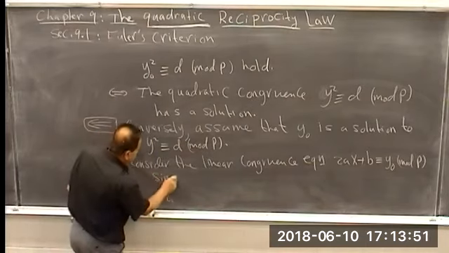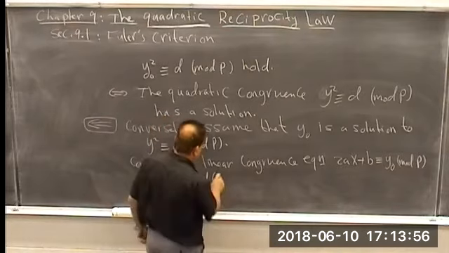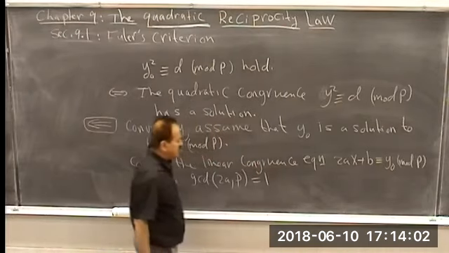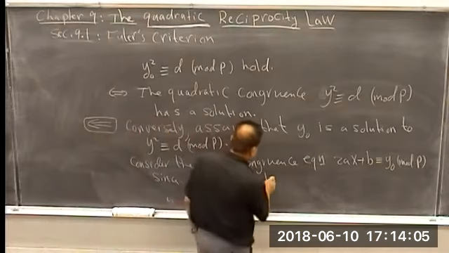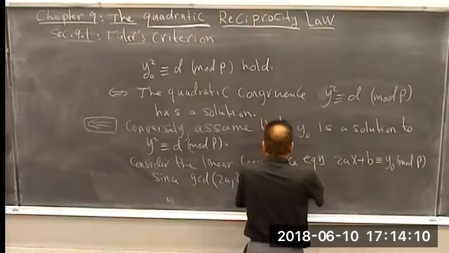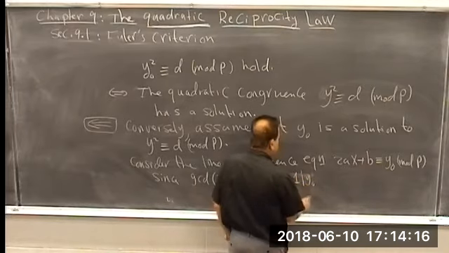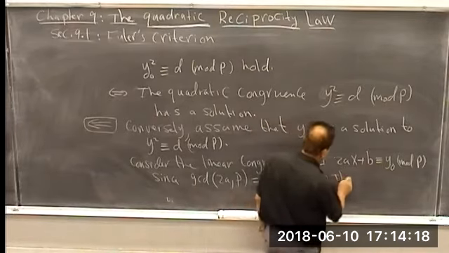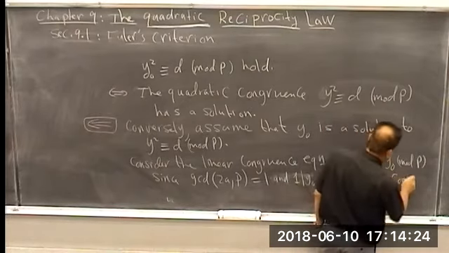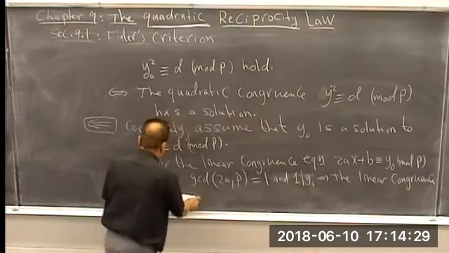Since the greatest common divisor of the coefficient of x, which is 2a, and the modulus b is equal to 1 because b is odd, this implies that the linear congruence equation has a unique solution. And since 1 divides y sub 0, the linear congruence equation has a unique solution.